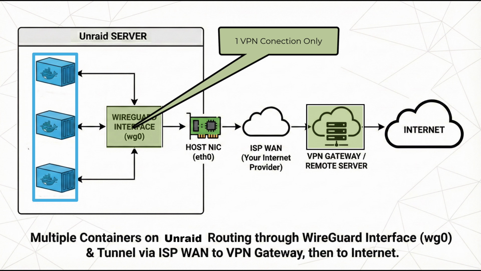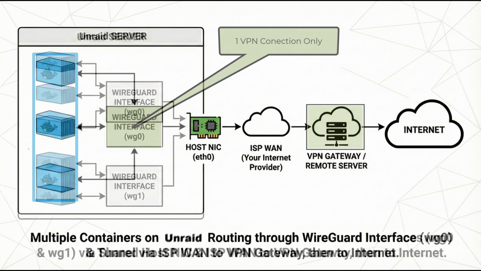This also solves a problem, because many VPN providers limit how many endpoints you can connect at once. With this method, you only need one WireGuard endpoint on the server, and multiple different containers can use it without affecting each other. It's far more efficient than running a VPN client inside every container, and much easier than using something like Gluetun and having to use container networking, sharing the same network stack amongst multiple containers.